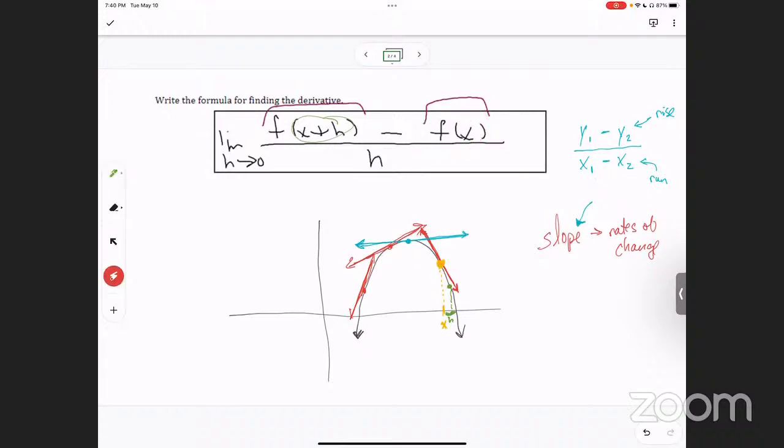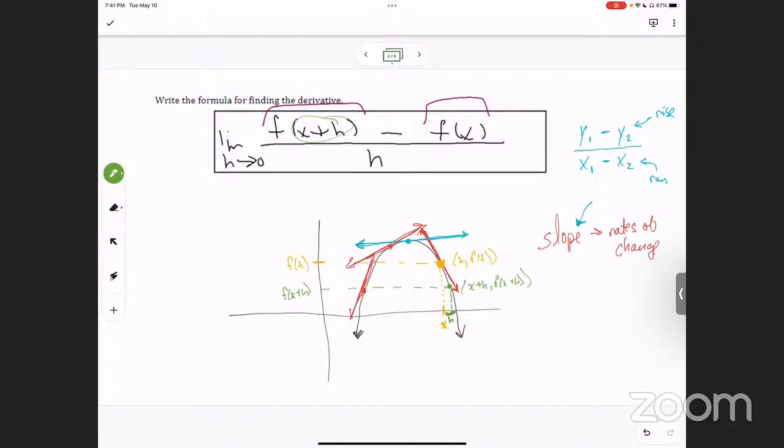Do you see how that's f of x? This is x comma f of x, that point. So f of x is over here. And right here, this point is x plus h comma f of x plus h. And this point over here is f of x plus h.